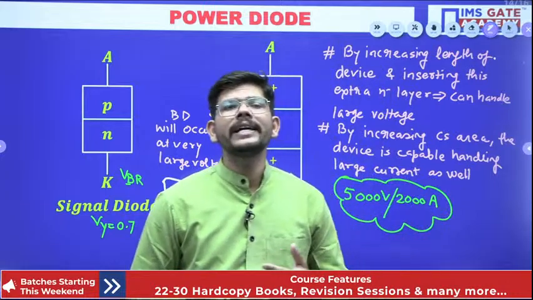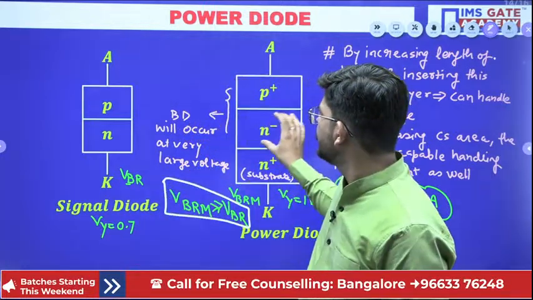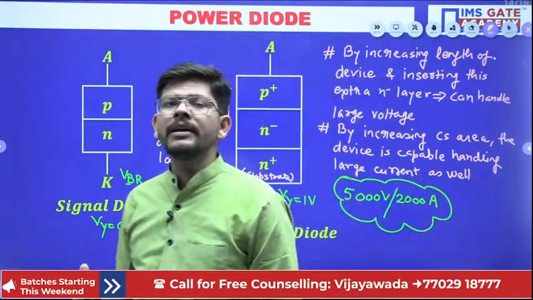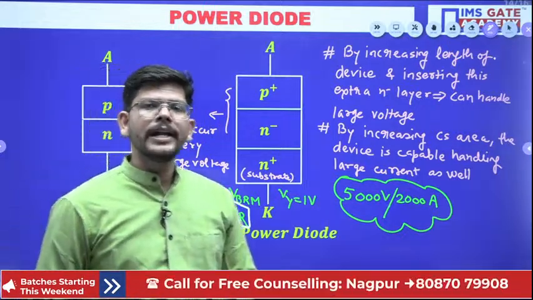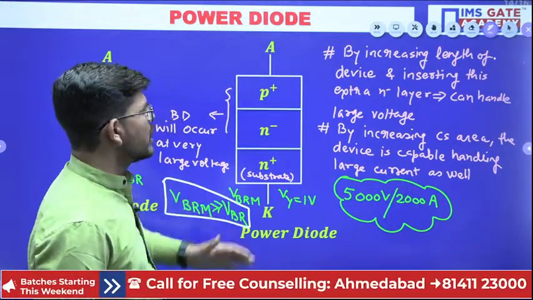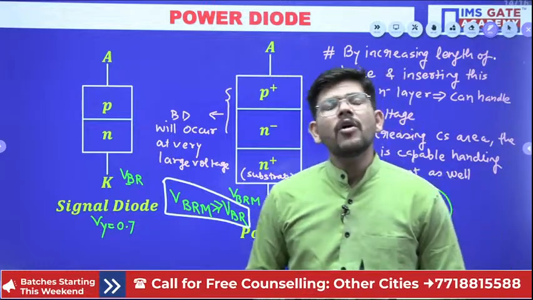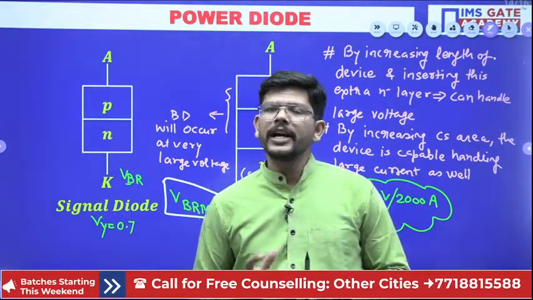So just by increasing the length and cross sectional area and modifying the concentration of layers, we have made a normal diode capable of handling more voltage and current, and this device is now a power device. So these are all the basic power semiconductor device concepts that we have discussed.